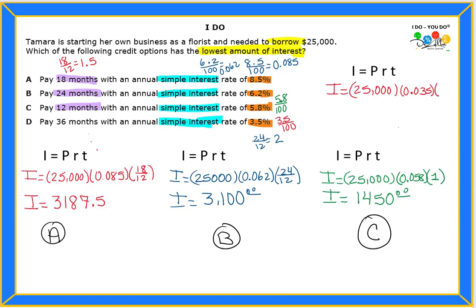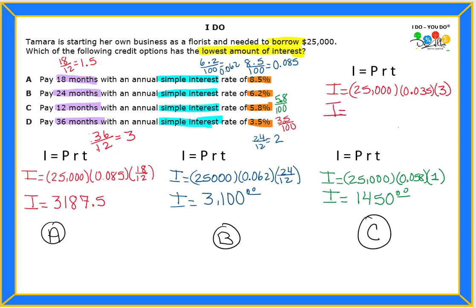What about the time? Well, time is 36 months. Does that ring a bell? Do you guys know anything about 36 months? You can write down 36 out of 12, because there are 12 months in a year. And I know what you're thinking, Miss, isn't that equal to 3 years? And you will be correct. So we can write down a 3.